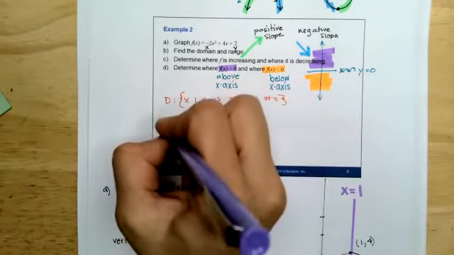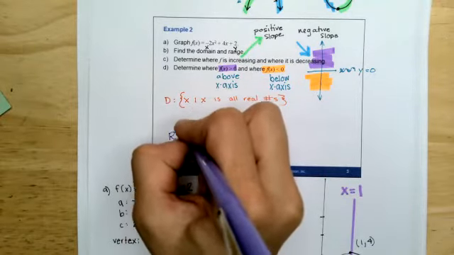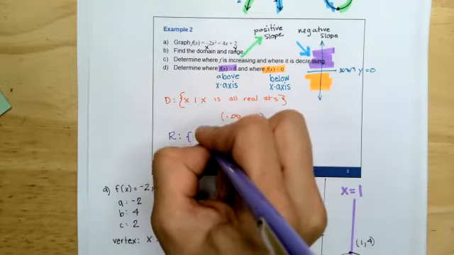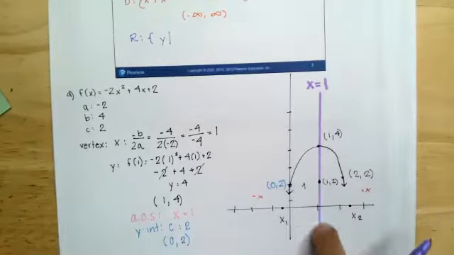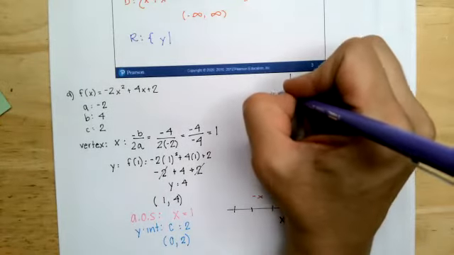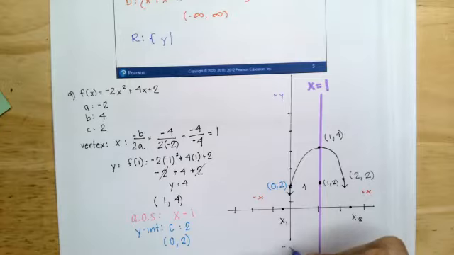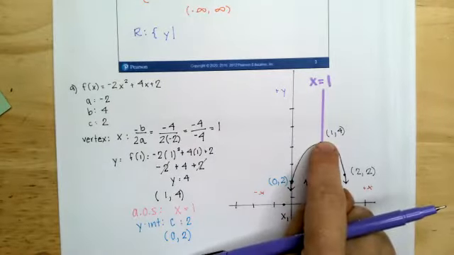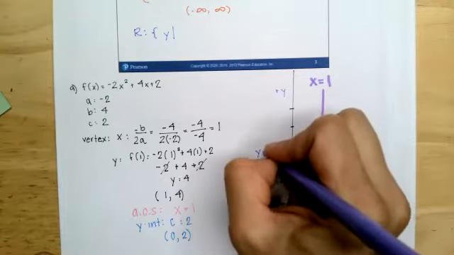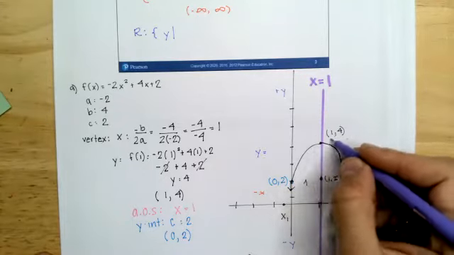Range, remember, is our y values, so those are going to be different. Y means up and down. So here's positive y, here is negative y. It does not go higher than y equals 1, 2, 3, 4.